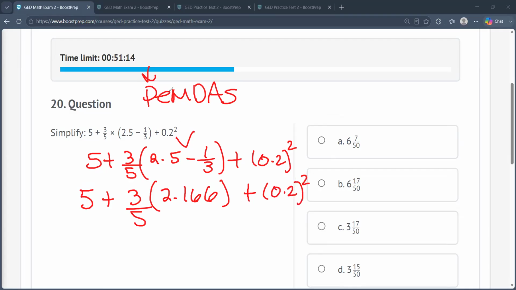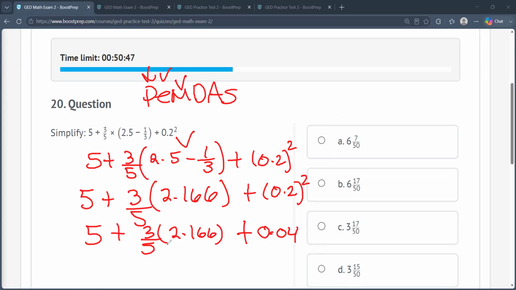The next order of operations: do we have an exponent? Yes, 0.2 squared. Put that in the calculator. 0.2 to the second power is 0.04. Then bring down what you haven't done. I know it's annoying, but that's how you make a mistake by not being careful. Then do we have a multiplication?